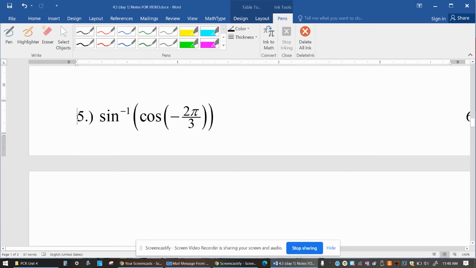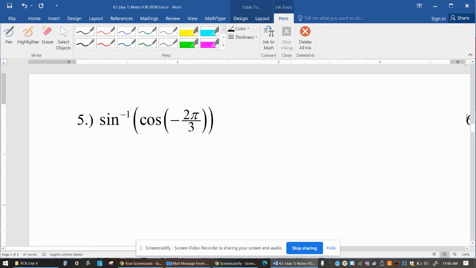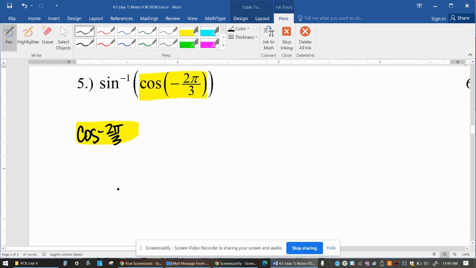Okay, so let's take a look at the next one. We've got sine inverse of the cosine of negative 2 pi over 3. So work from the inside out. Okay, negative 2 pi over 3. So negative 1 pi over 3.